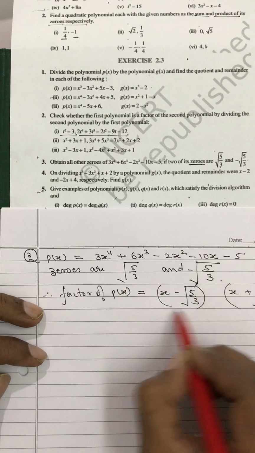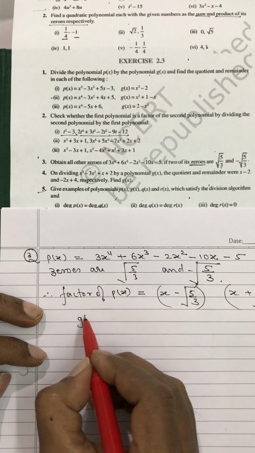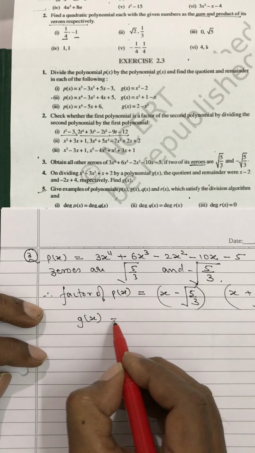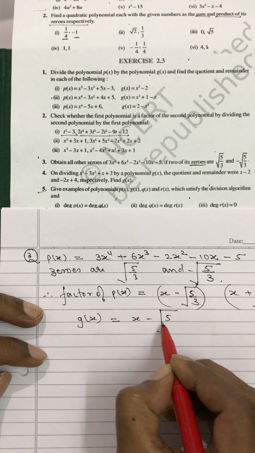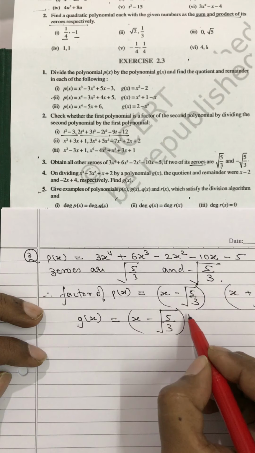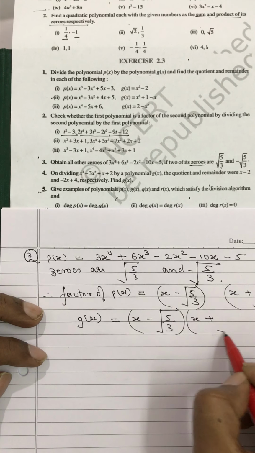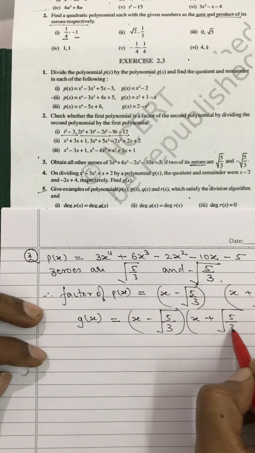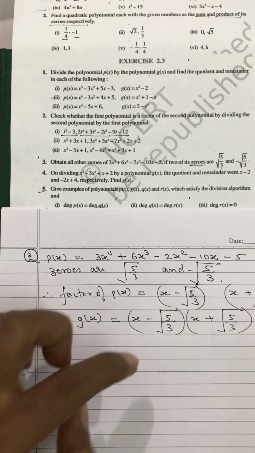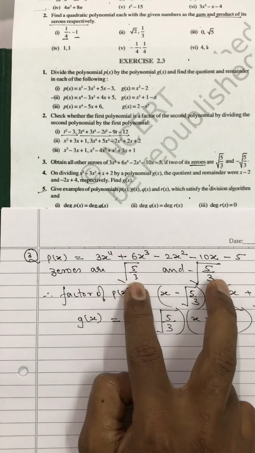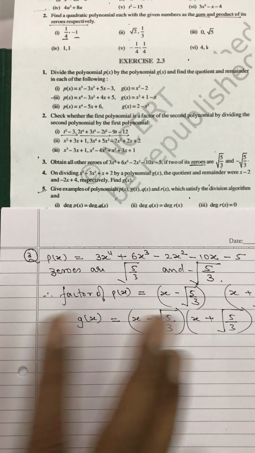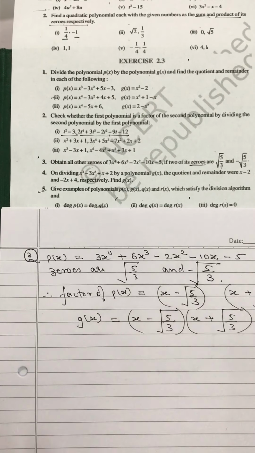If I multiply these two, I will get g of x, that is the divisor. g of x is equal to x minus root 5 upon 3 times x plus root 5 upon 3. See, sometimes students take the minus root 5 upon 3 and plus root 5 upon 3 in this way, as the same factors, taking one as plus and one as minus, x plus root 5, x plus root 5. Don't do that. Don't think in that way.